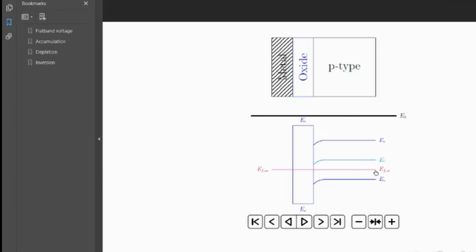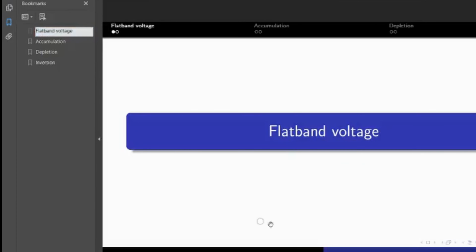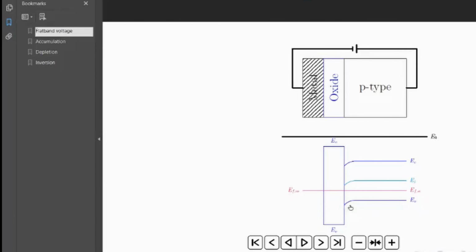As we know, the Fermi level will be closer to the valence band whenever we have a p-type, with positive holes. And whenever there are more electrons, the Fermi level will be closer to the conduction band. So let us try to apply some negative voltage to this.